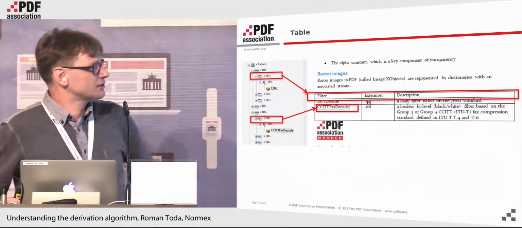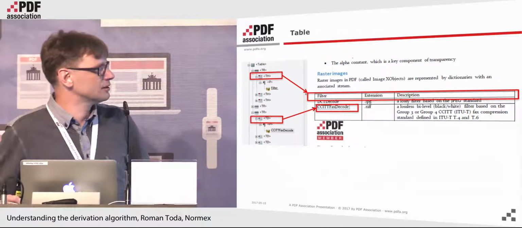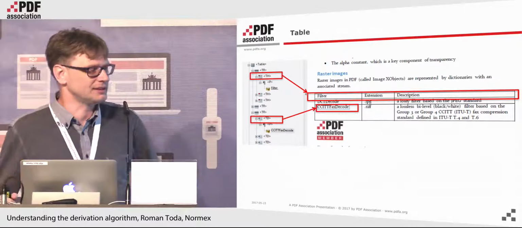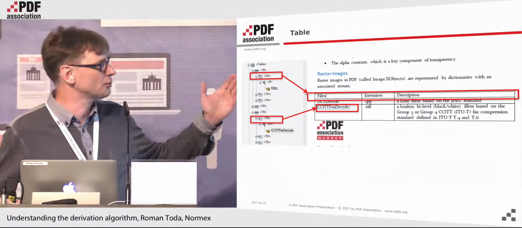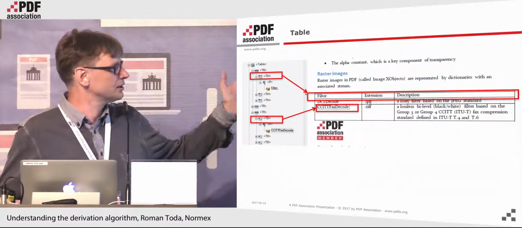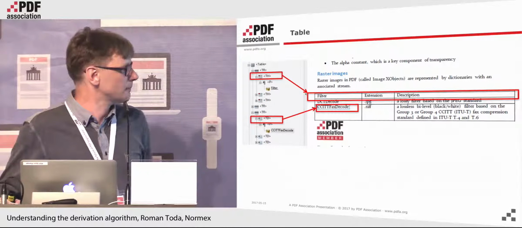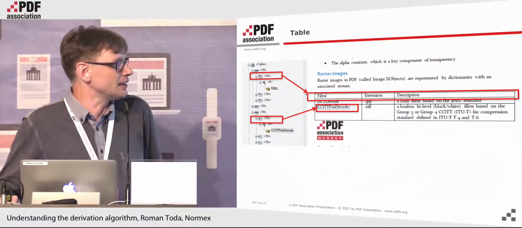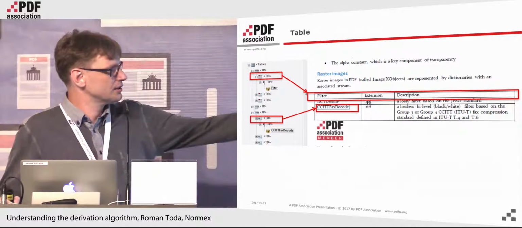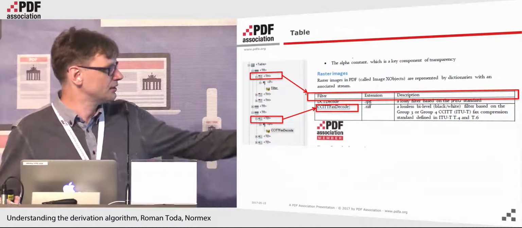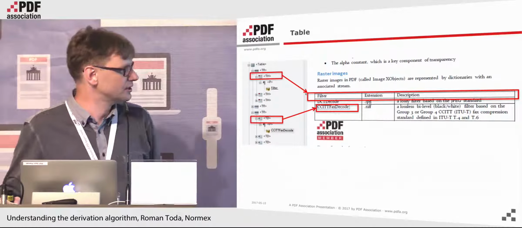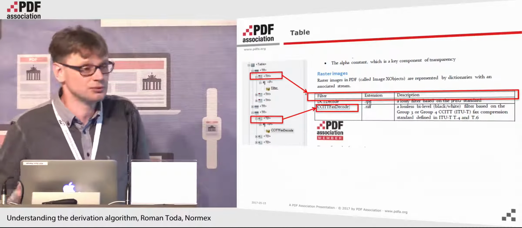Obviously, a table does have a structure that's kind of based on common sense. You have a table row, you have a header, and you have a cell marked, right? Every cell could have one or more paragraphs. In this case, CCITT fax decode is just one paragraph, but it could be more.